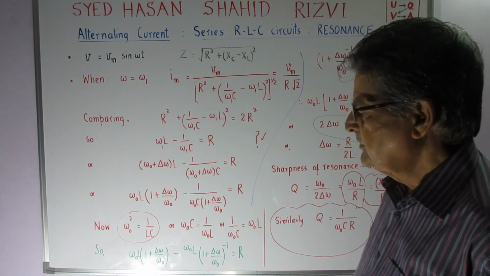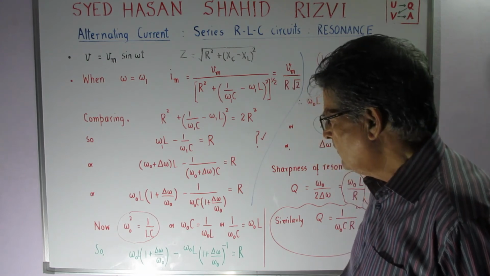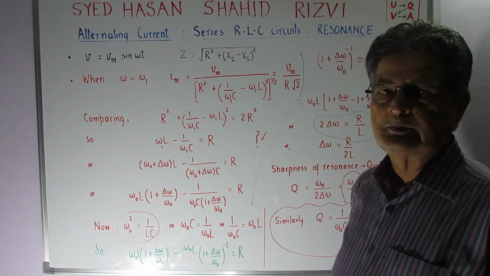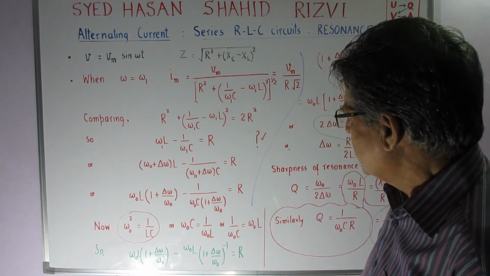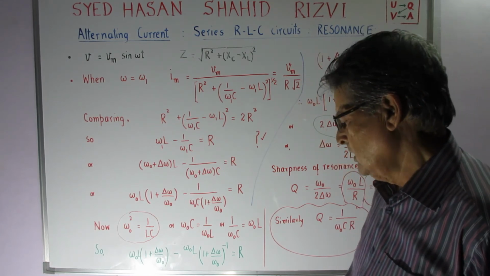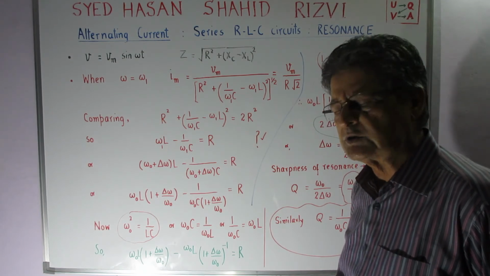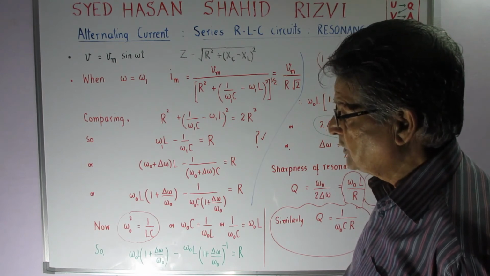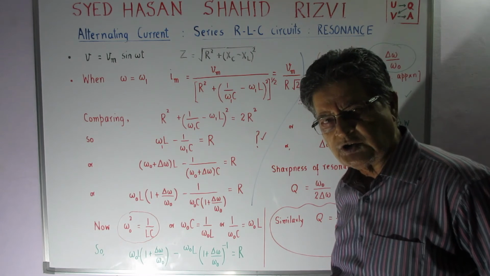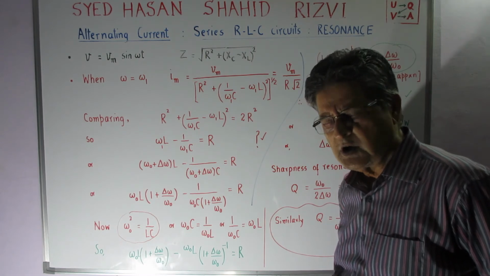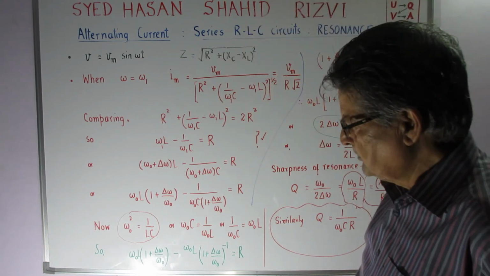The resonant circuits are used for the purposes of tuning, and in particular they can function at audio frequencies, also at radio frequencies. Radio frequencies are very large as compared to the audio frequency range, which is 20 Hz to 20,000 Hz, and the radio frequency is much larger.